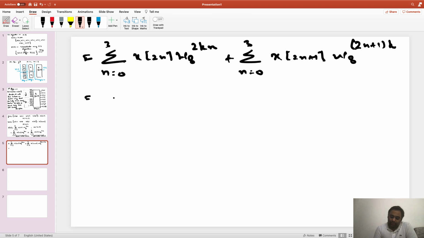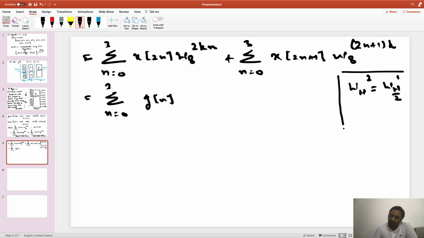Now x[2n], we all know that in the problem is basically g[n], and there is a property of twiddle factor which says that W_N squared is W_(N/2) to the power of 1. So in our case, W8 to the power 2 becomes W4 to the power 1.